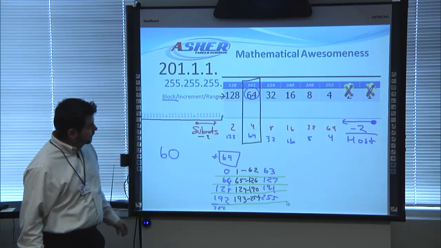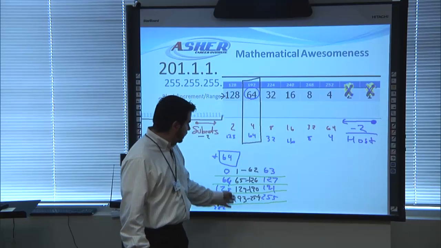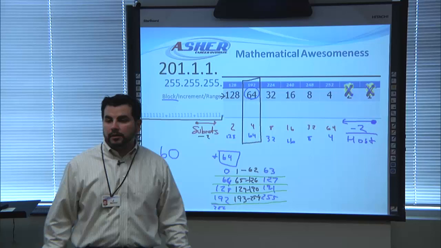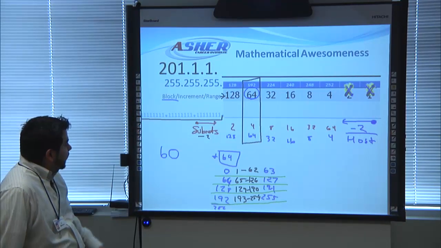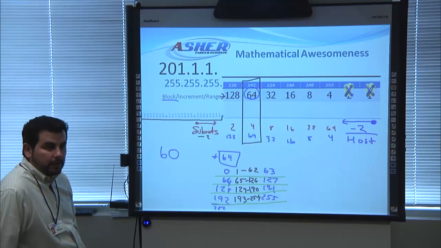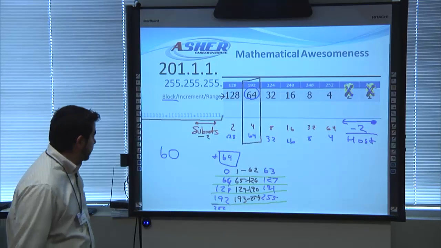Okay? So these are your network IDs. These are your broadcast IPs. And the numbers in the black are what you can use. These are the availables that are good for use. Okay? You got it? Chris? You want to work out another one? No, yeah, sure. All right.